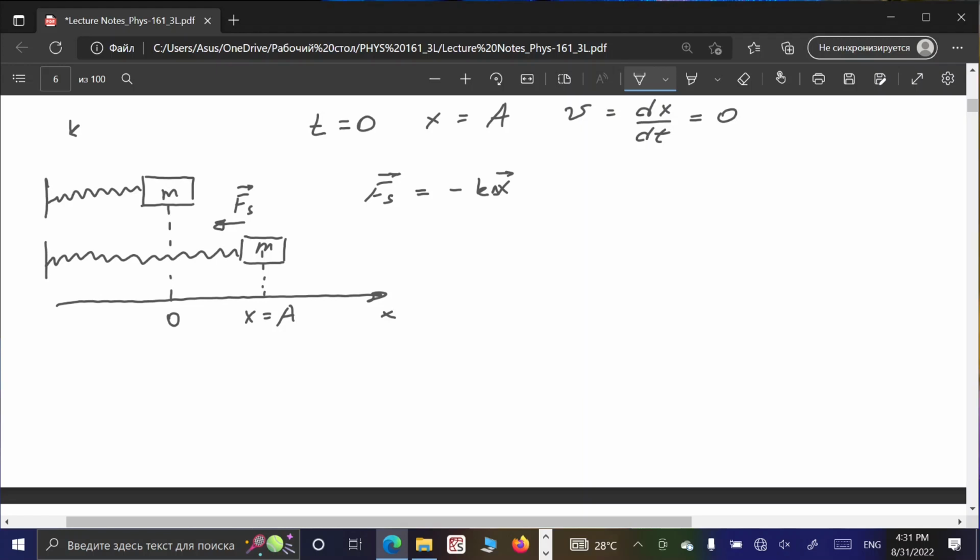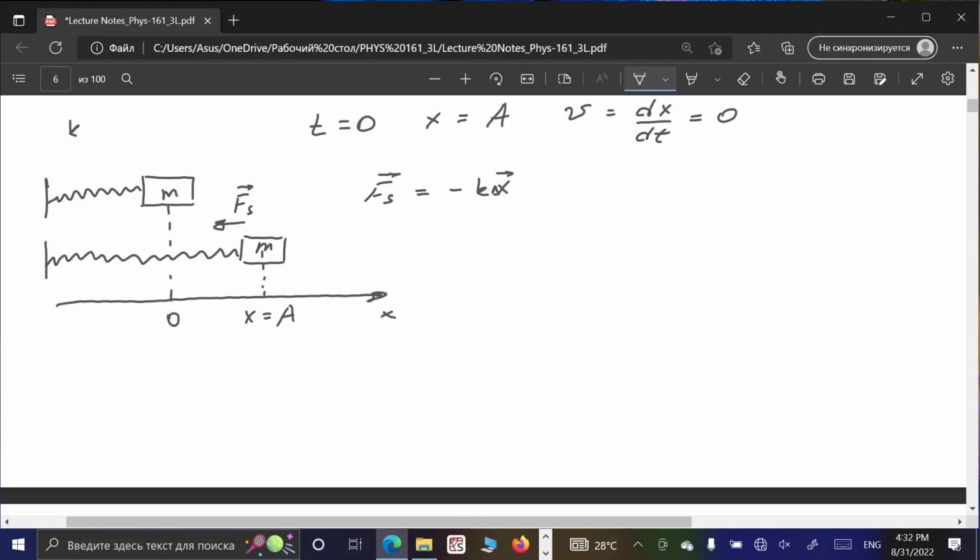We have some displacement from the equilibrium condition to the maximum displacement amplitude value, and this force will be proportional to the displacement. So the spring force is proportional to displacement, with proportionality coefficient k, which is the spring's coefficient and defines the properties of the spring, how stiff this spring is and how much force it exerts on bodies when it goes to some extension or contraction.